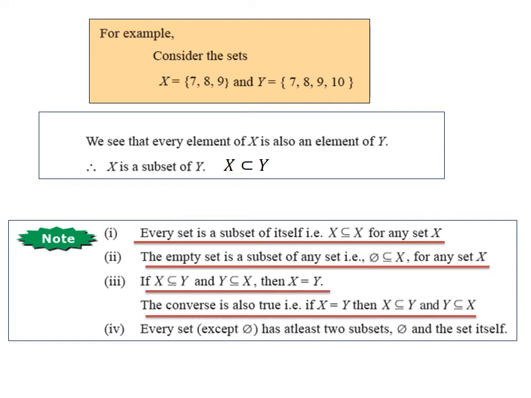If X is a subset of Y and Y is a subset of X, then X is equal to Y. Conversely, if X is equal to Y, then X is a subset of Y and Y is also a subset of X. Every set except phi has at least two subsets: phi and the set itself.